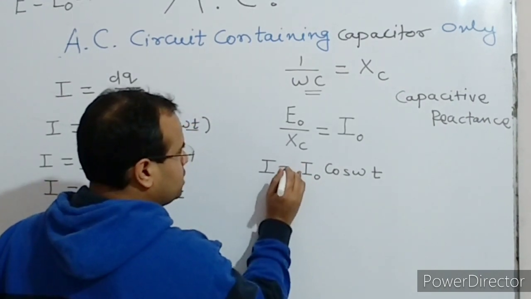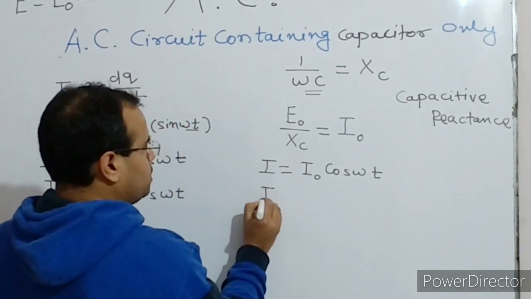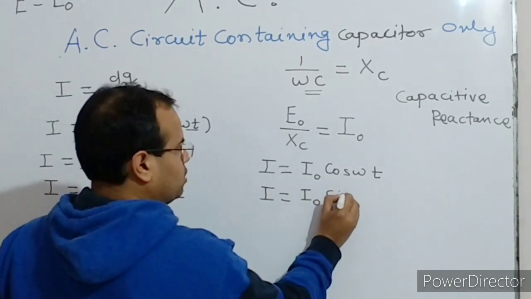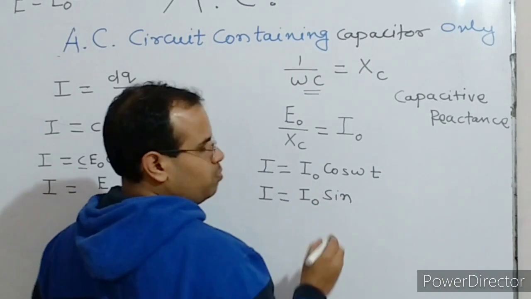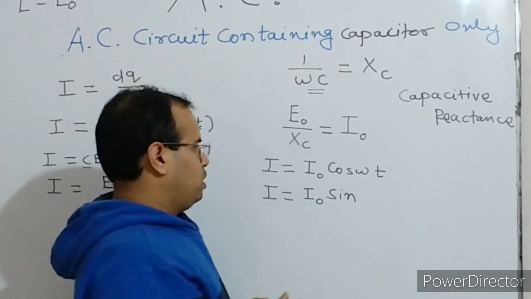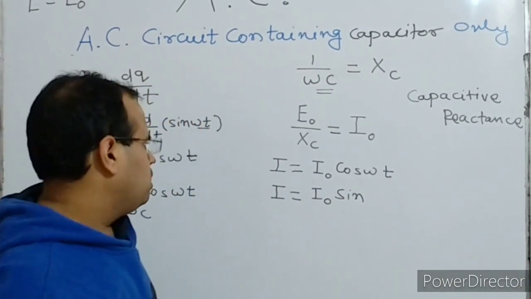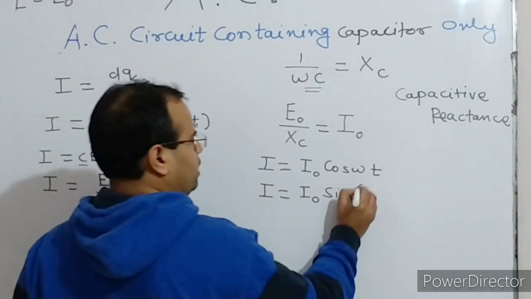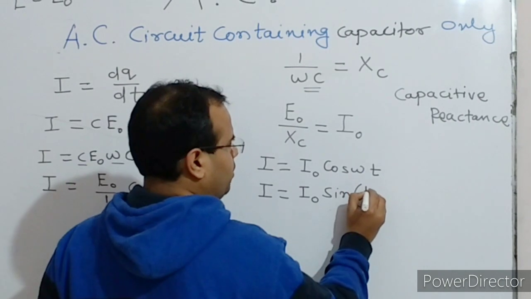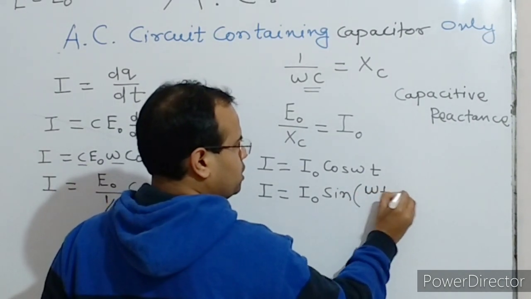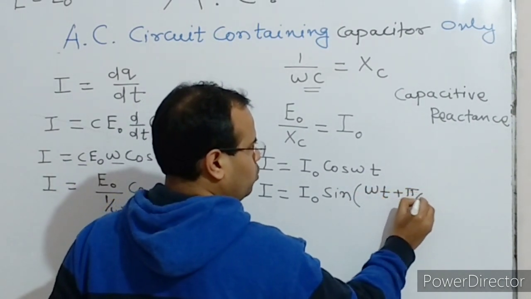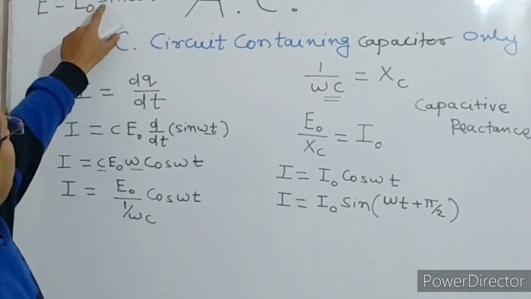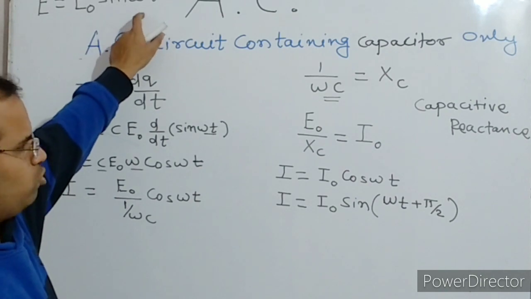I can write it very easily as I equals I naught sin of 90 plus theta, since sin 90 plus theta would be cos theta. So we can write it as I naught sin of omega t plus pi by 2. Compare this with equation number 1, where the EMF is sin omega t.